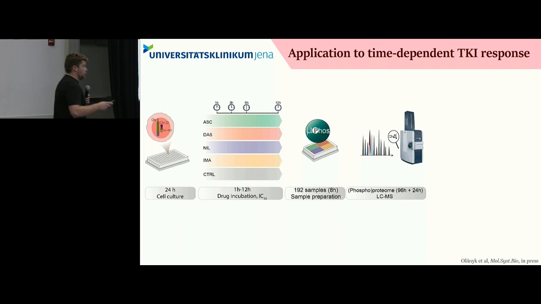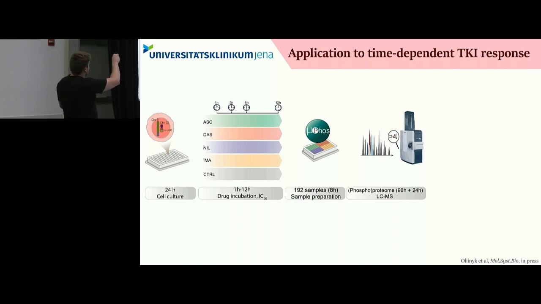So to show how this works, we did the time-dependent treatment with the four most prominent and most highly used tyrosine kinase inhibitors that are used in clinics for treatment of chronic myeloid leukemia, so against the BCR-ABL fusion protein.